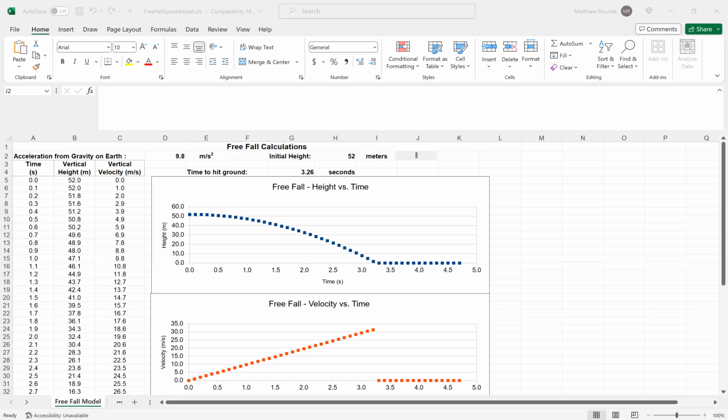What they're looking for as the answer here is that it's quadratic. That's the key word they're looking for. So they're asking you to describe this shape right here, and it's quadratic.